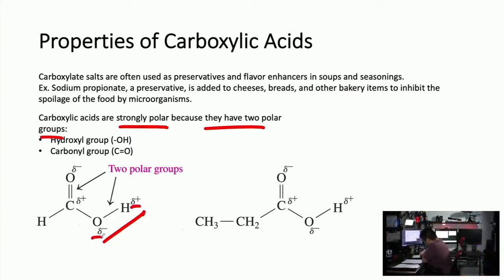And we already know how polar the carbonyl group is: positive at the carbon end, and very negative at the oxygen end. So that makes it a very polar molecule, with polar constituents.